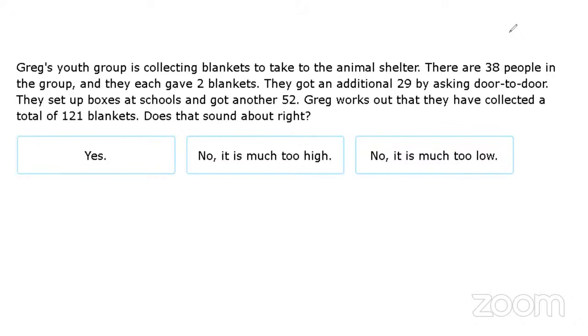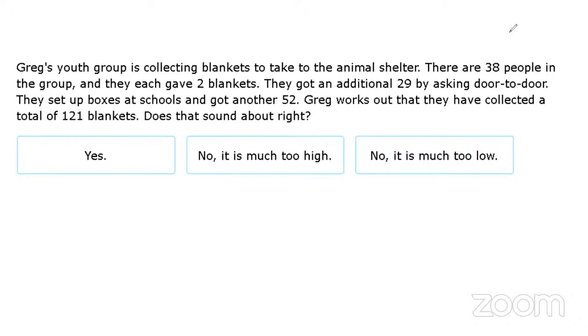They got an additional 29 by asking door to door. They set up boxes at school and got 52 more. And Greg worked it out and said that they collected about 121 blankets. Does that sound just about right?